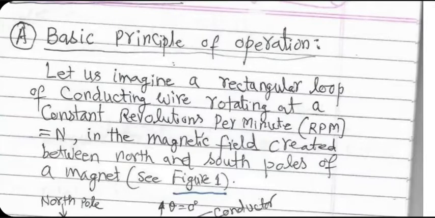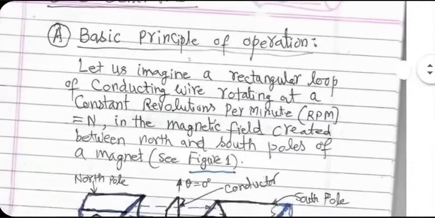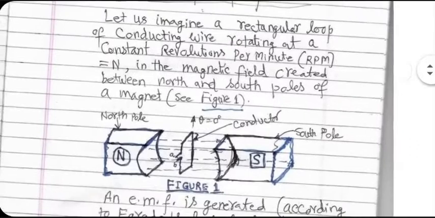We normally denote RPM by capital N and RPS by small n. Now, supposing we denote the vertical position of the loop by theta equal to 0, and then let's say that loop is rotating in the clockwise direction. So theta equal to 90 degrees will give us a flat, horizontal loop. Theta equal to 180 degrees will give us a vertical loop again, but in the opposite direction, and so on, right?